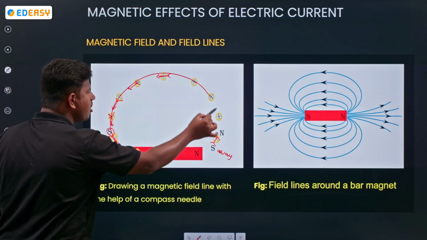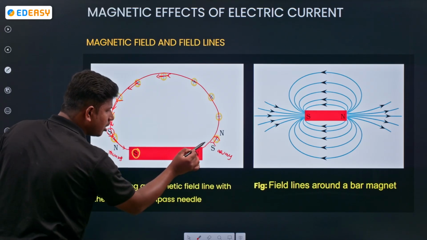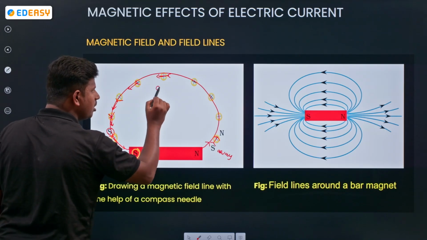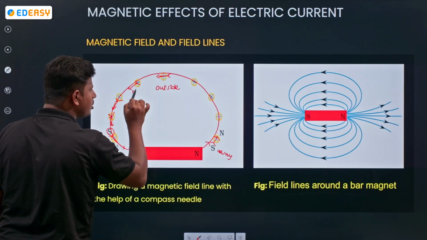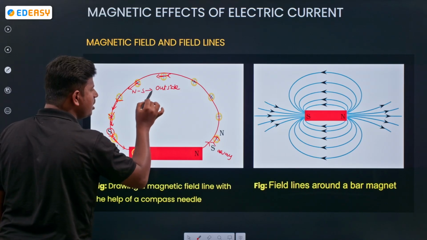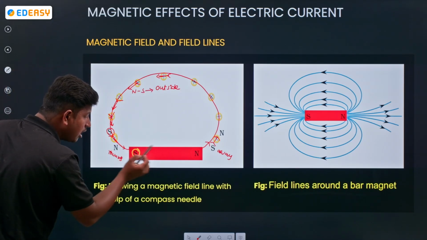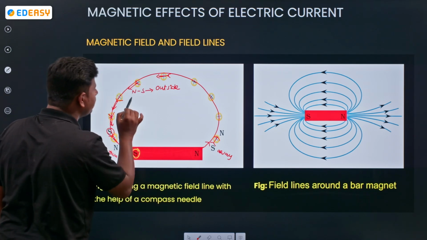It forms a pattern from north to south. How will the field be outside? From the north pole to the south pole, the field is outside. And from the south pole to the north pole, that will be inside.